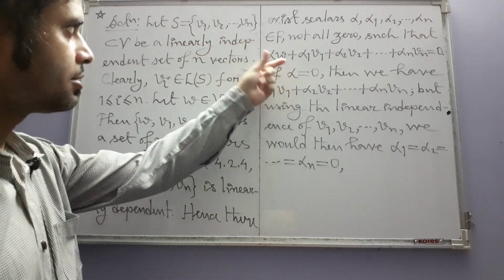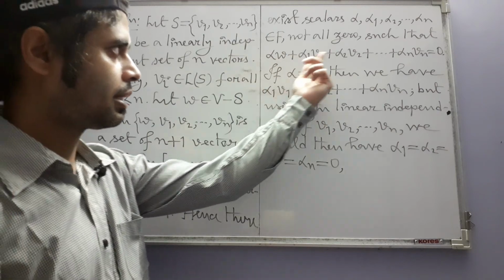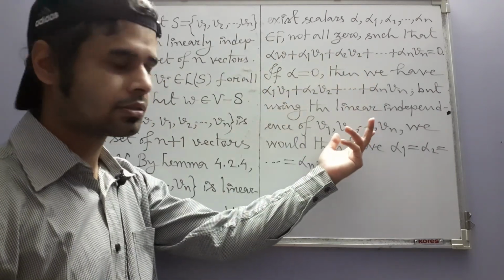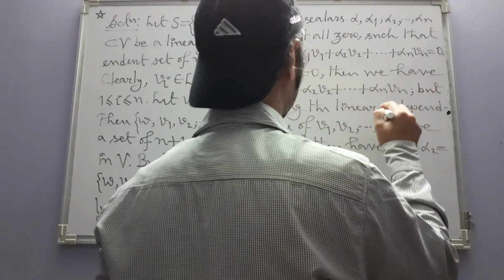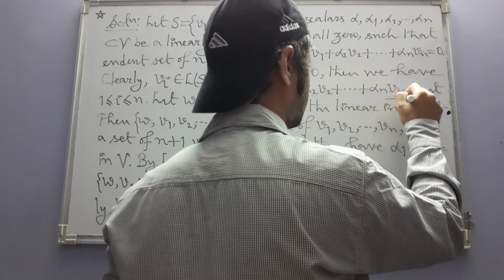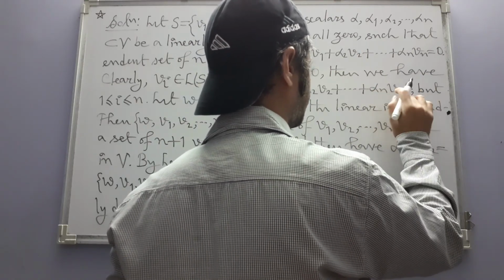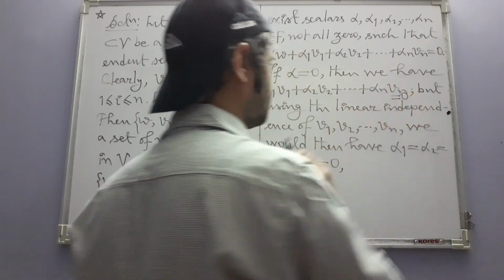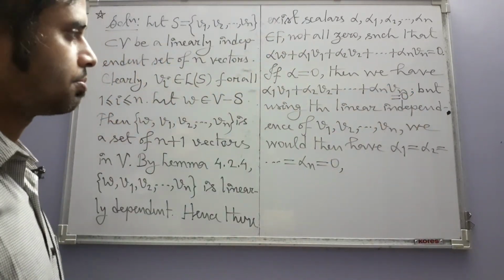So if alpha is 0, the first term vanishes and we are having the rest, and oh, I forgot to write this equal to 0. Okay, it's an equation, not just an expression.